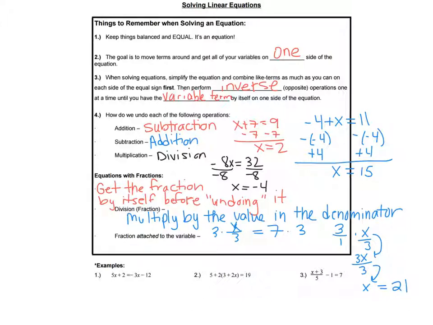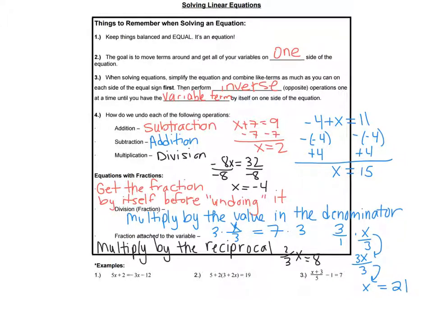Now, if you have a fraction attached to a variable, you can solve that by multiplying by the reciprocal. The reciprocal means to flip the fraction upside down. So, for example, if we had 2/3 x equals 8.